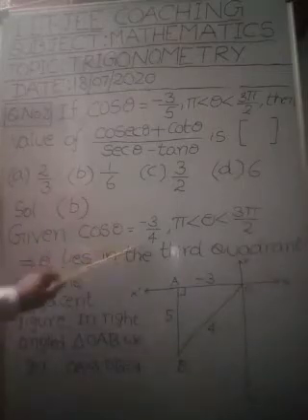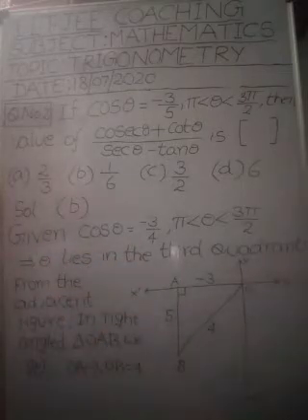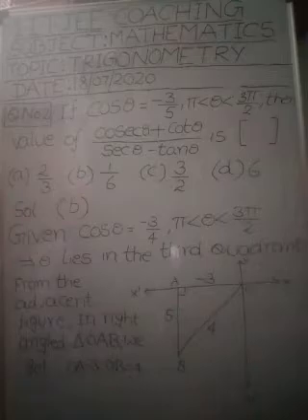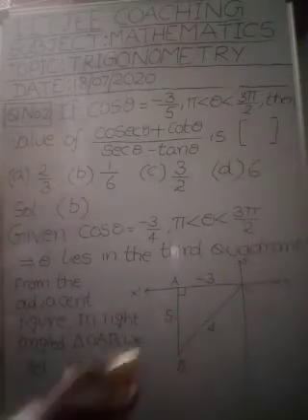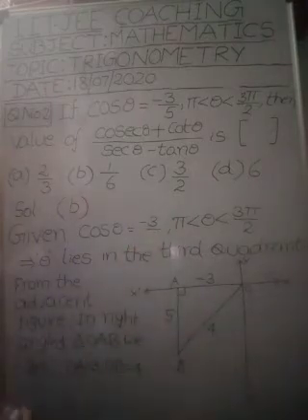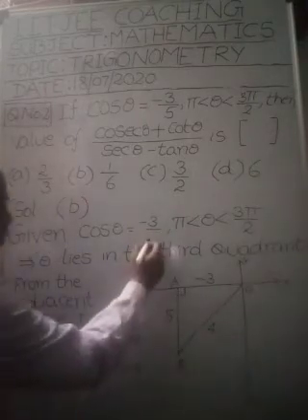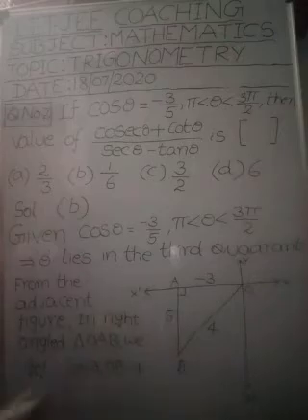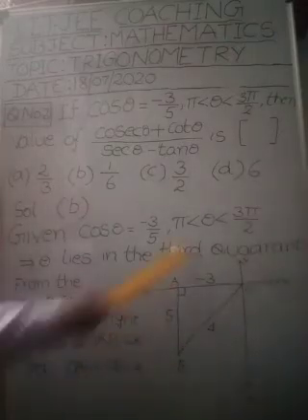Here I wrote given cos theta is equal to minus 3 by 5, and pi less than theta less than 3 pi by 2.